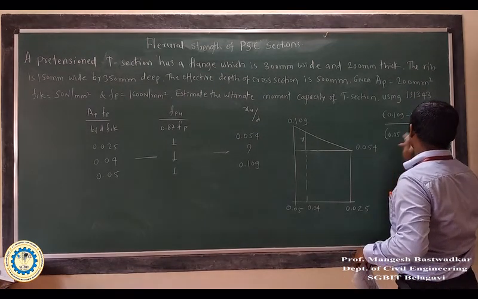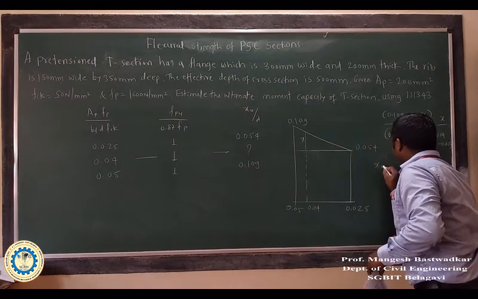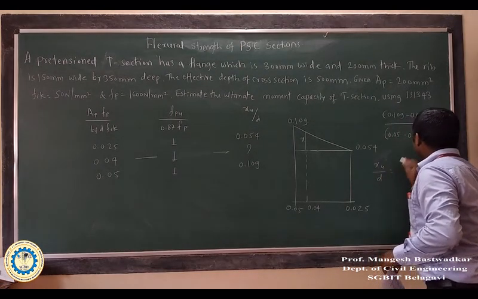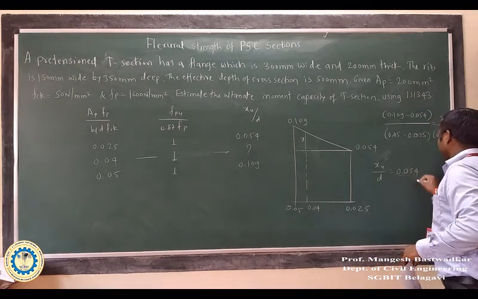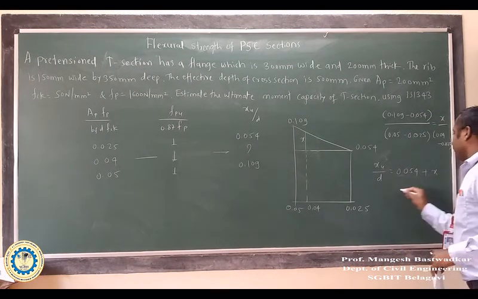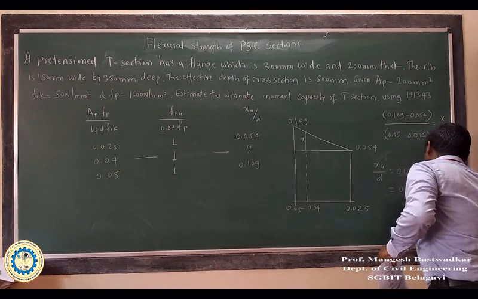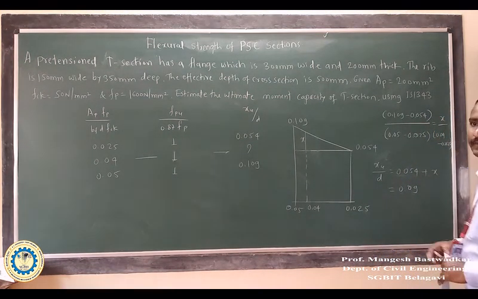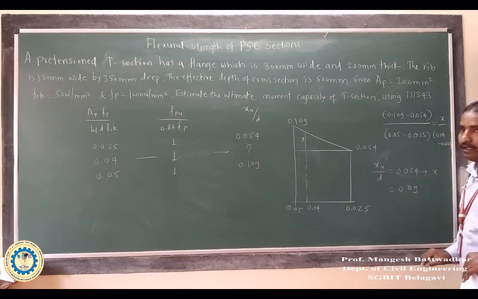So you can obtain the value of x from this. Now the XU by D value is 0.054 plus x. Substituting the value of x, you will get 0.09.